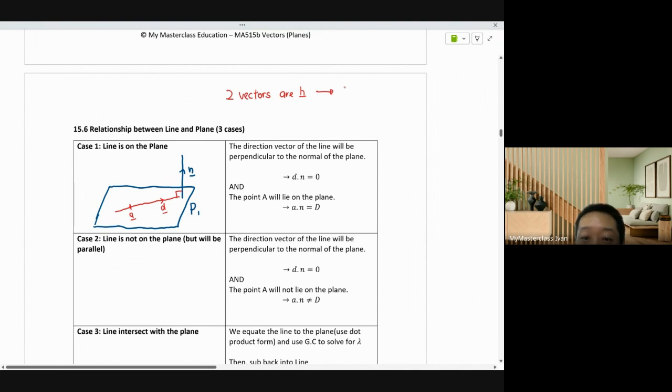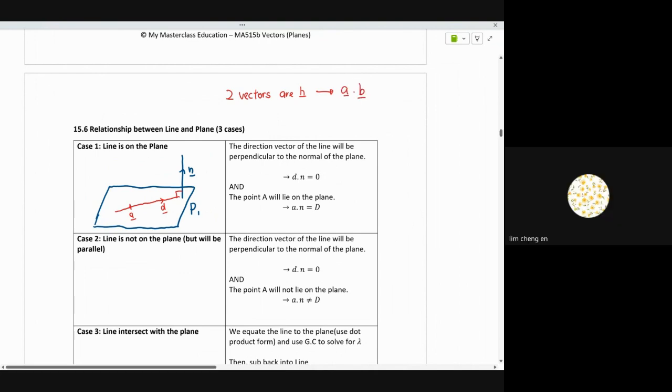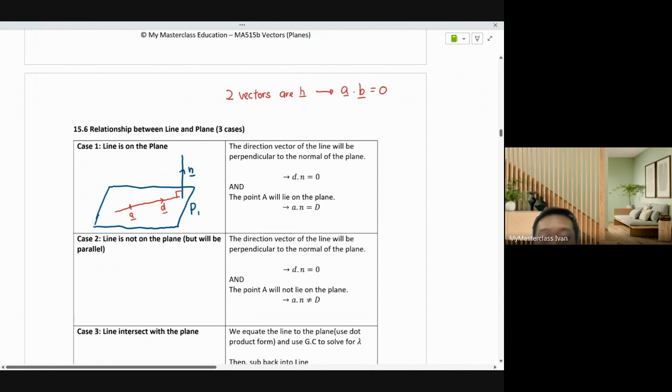If two vectors are perpendicular, a dot b equals to 0. Yes, correct, very good. If two vectors are perpendicular, then a dot b equals to 0. So that's why the direction of the line dot the normal will give you equals to 0.